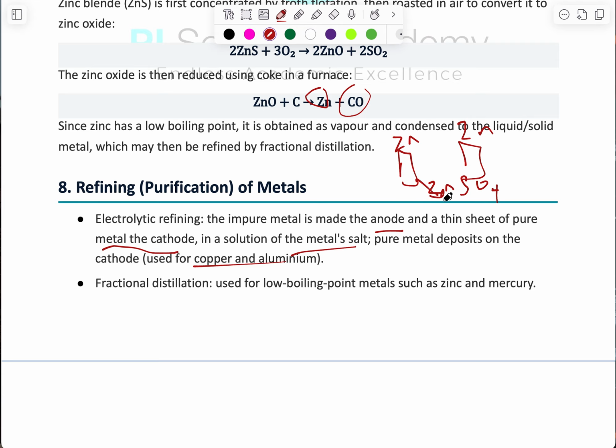When it dissolves, the concentration of Zn2+ will increase. I'm just using zinc as an example now. Of course, the major ones here are copper and aluminum. So the concentration of Zn2+ increases in solution, and so it migrates to the cathode and becomes deposited. So you have Zn2+ gaining 2 electrons and becoming zinc. So with that, you're purifying it like that.